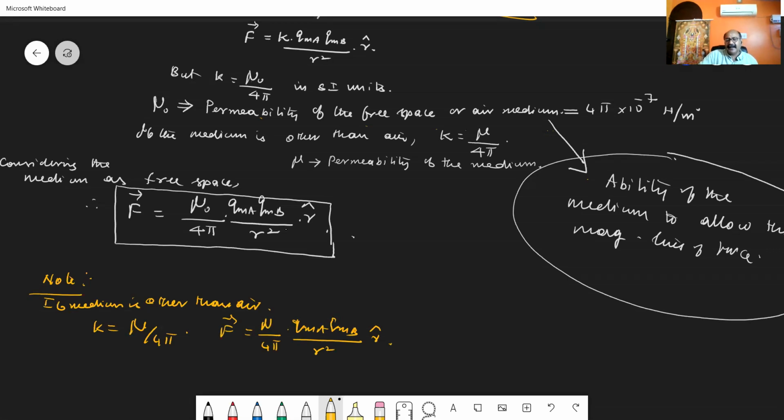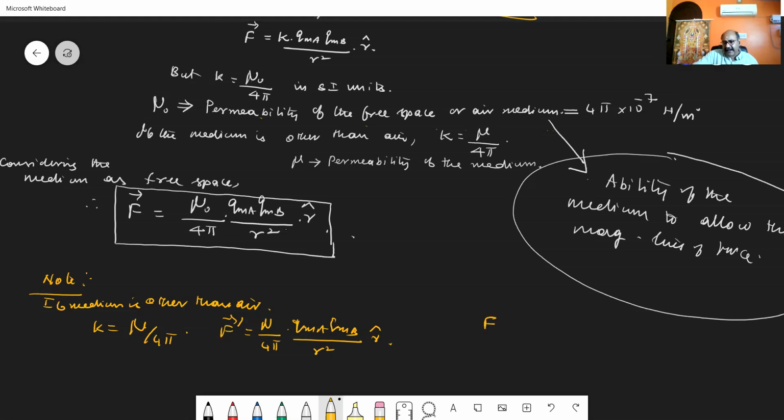As we know, QMA is the pole strength of bar magnet A, QMB the pole strength of bar magnet B. In order to differentiate air medium from a medium other than air, let us consider this as F dash, or I can write it as Fm.